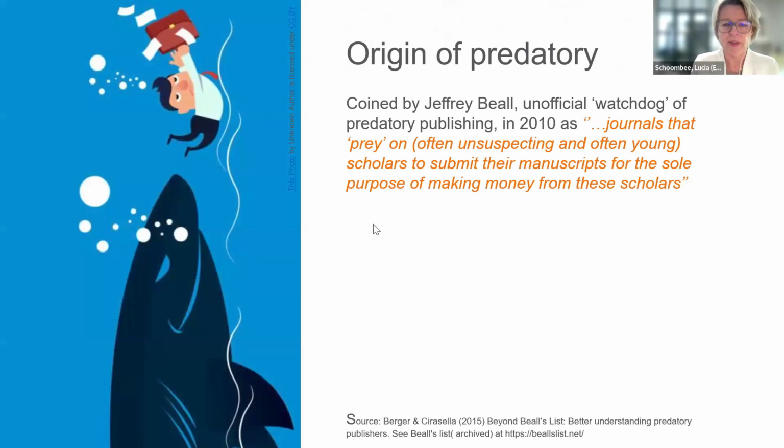But first, the introduction. Where does this come from? What went wrong in publishing? The term predatory was coined by Jeffrey Beall, a librarian at the University of Colorado in Denver, and it dates back to 2010. This was also the time that open access started. Beall noticed that some publishers, he called them so-called publishers, were taking advantage of the open access system.